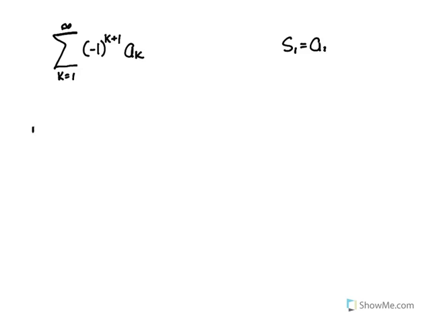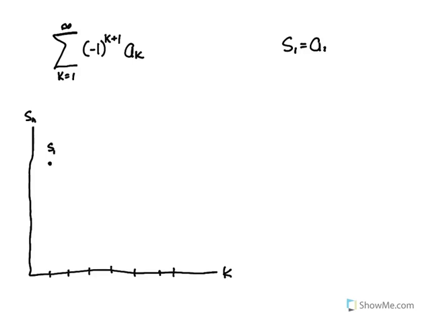So let's plot it out. This is the k-axis, and on this axis we'll put S_n. Now let's put the first term, so S1 is here somewhere in the positive quadrant.